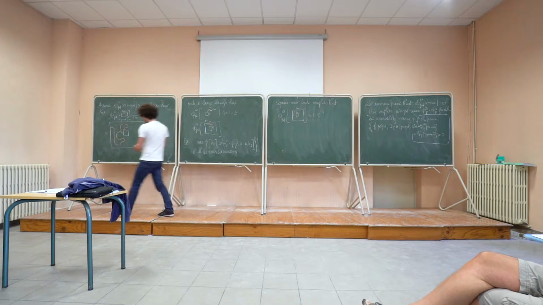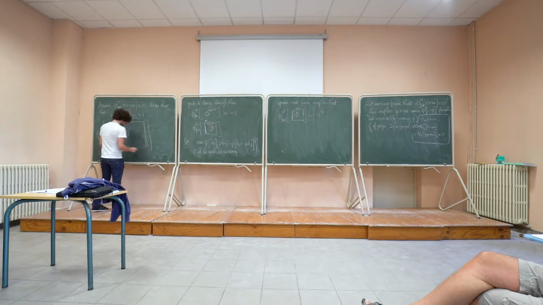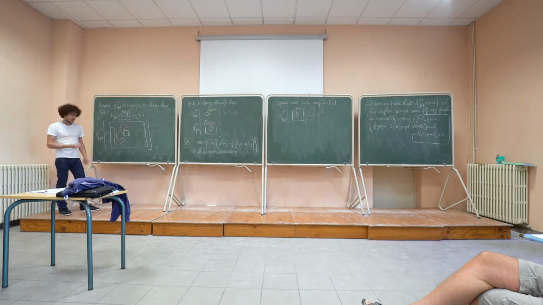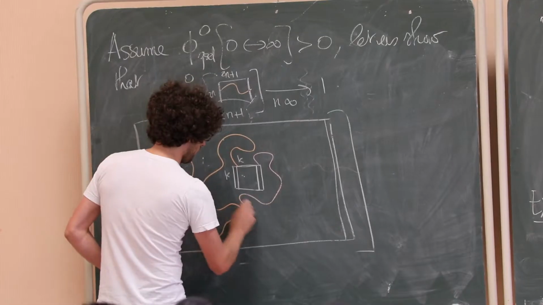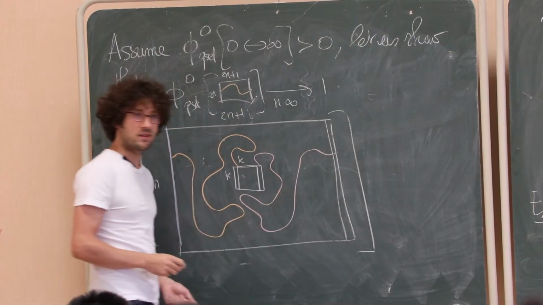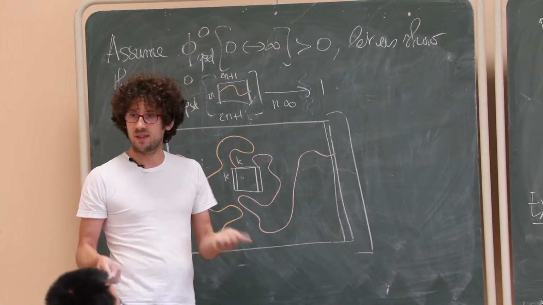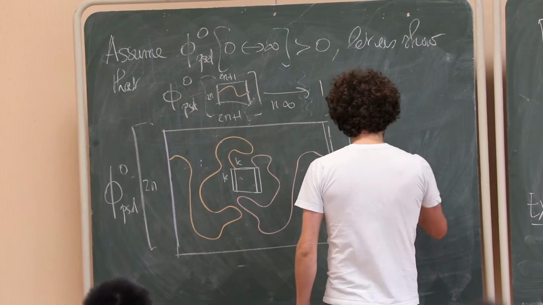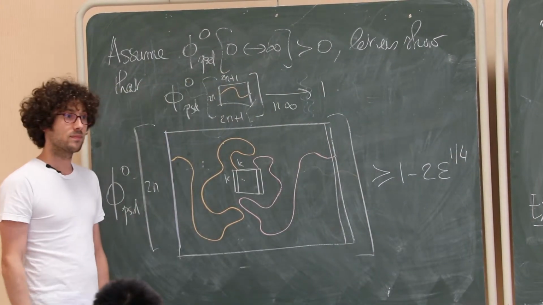So here, if I take the translate by 1 of this box, and I ask that this translate is connected by a path to the right this time, the probability of both things happening at the same time is larger or equal to 1 minus 2 epsilon to the 1/4. Okay?